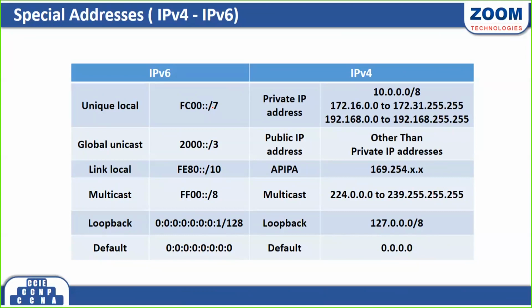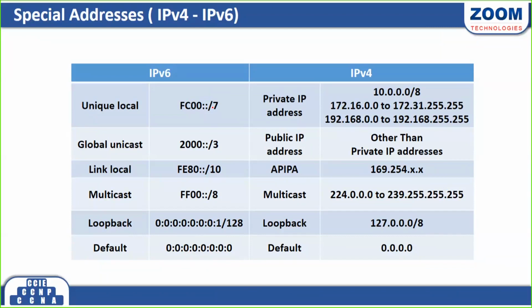In IPv6, what are those prefixes, for example unique local FC00 /7 or /3, /10? The /7 indicates the starting 7 bits are fixed for the range of unicast unique local. The first 7 bits are reserved bits.